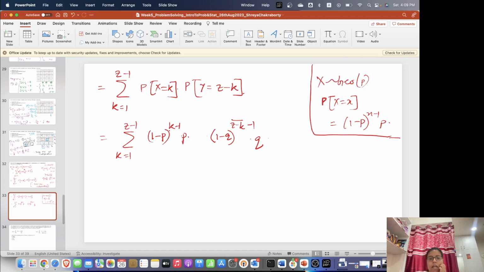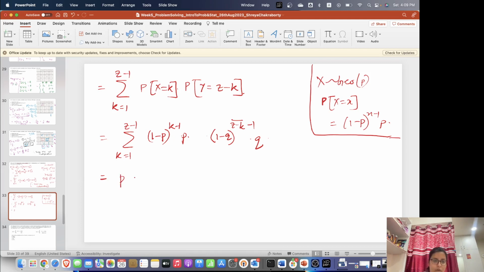Okay, so this one, if we take pq and 1 minus q out, so this thing we can take it out. So what we can write it as, we can write it as p, this is not dependent on k, right?